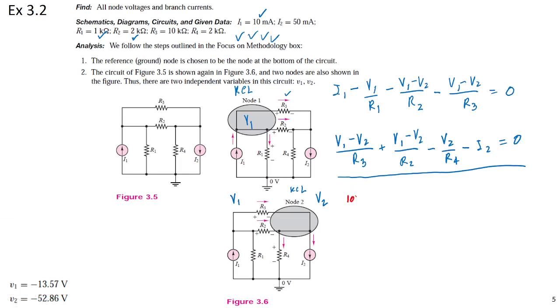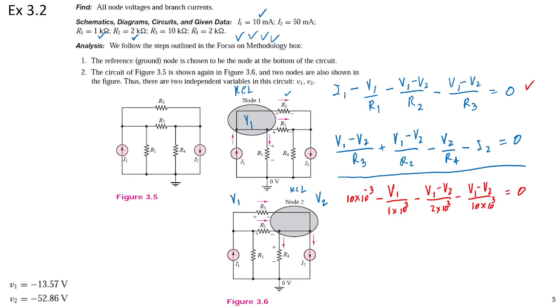It's 10 milliampere. 10 milliamp minus V1 divided by R1, 1 kΩ, minus V1 minus V2 divided by R2, which is 2 kΩ, minus V1 minus V2 divided by 10 kΩ, equal to 0, right?